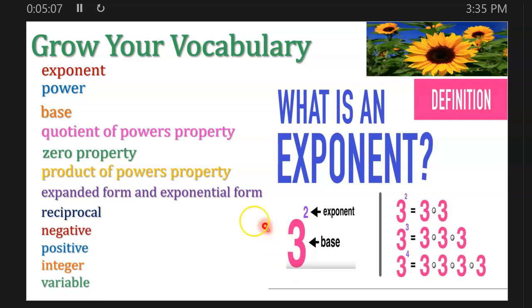And we also will probably mention negative numbers and positive numbers, because we are going to have some information about how exponents relate to negatives and positives, which are also integers, which are all of our whole numbers, positive and negative, including 0. And variables as well. Variable is a letter that we use to represent a quantity or a number. And we use variables quite often in algebra.